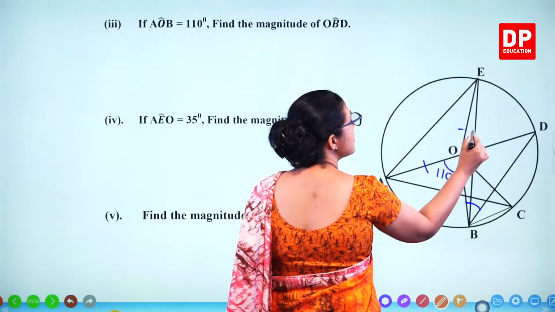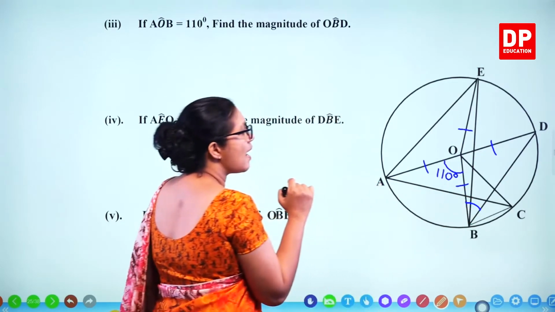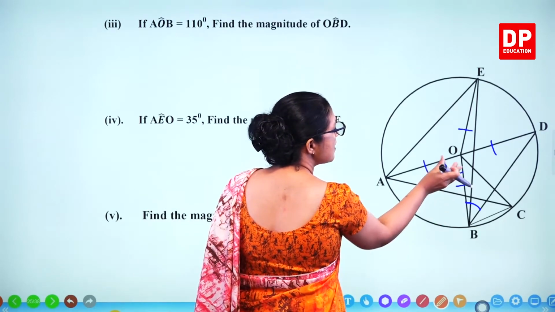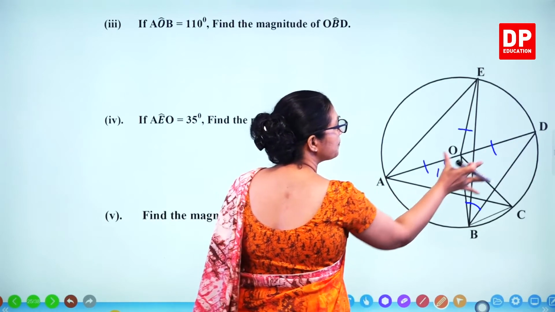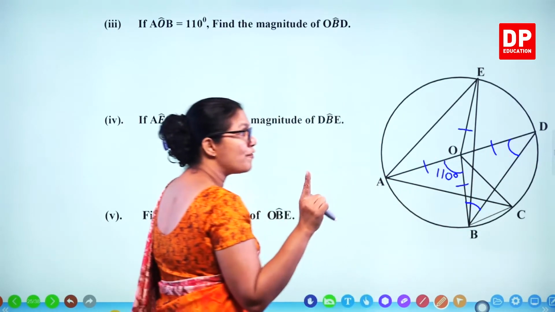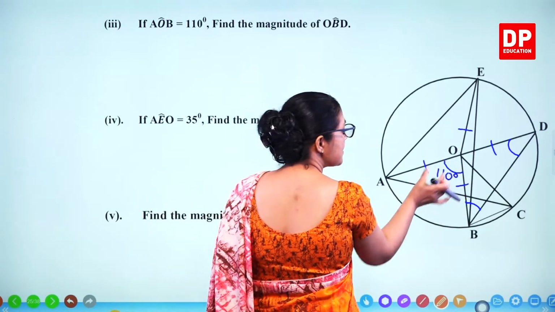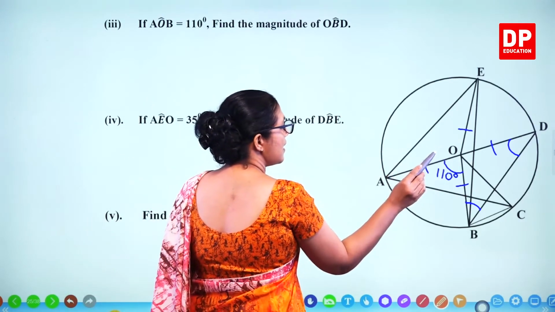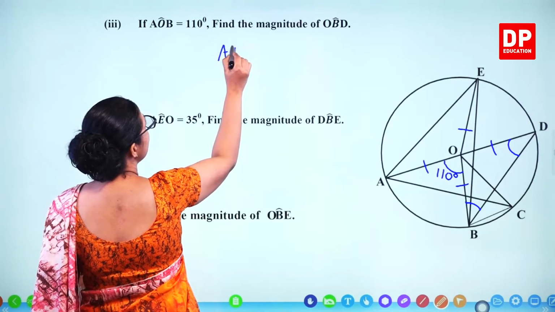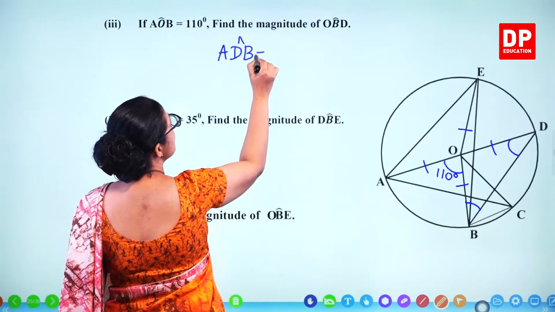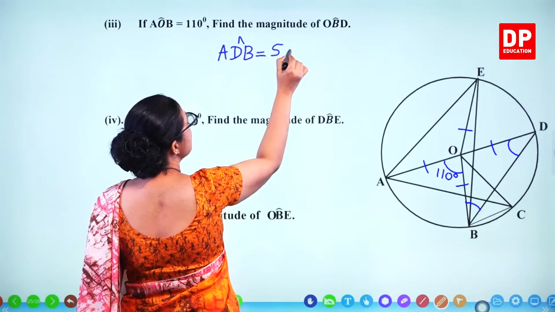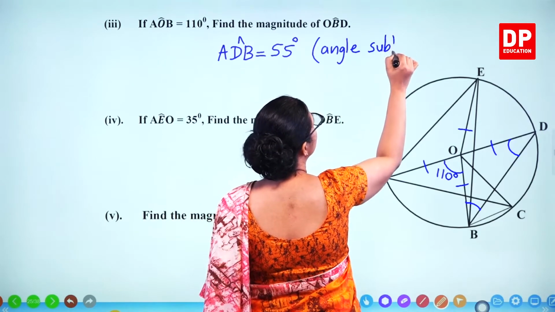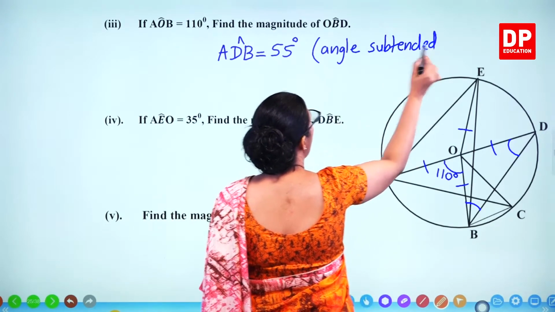Now we know these lengths are equal. All these are radii. And this is 110, which means this angle is half of that, because this is the angle subtended at the center and this is the angle subtended on the circumference. So that's ADB. The angle is 110 divided by 2, which is 55 degrees, because of the angle subtended on the circumference.